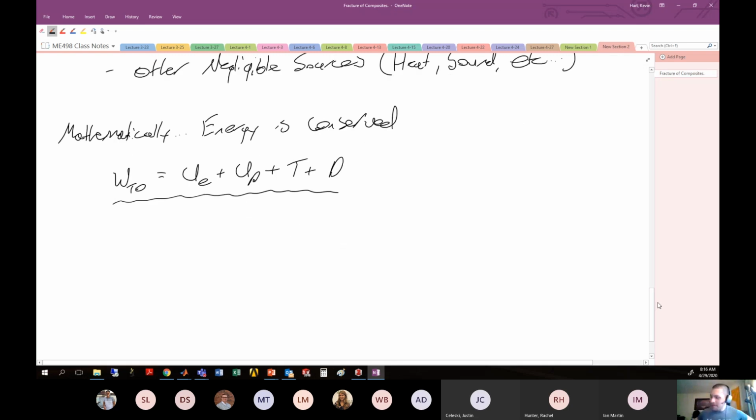So mathematically, energy is conserved. Energy of elasticity, of plasticity, kinetic energy, fracture energy, all has to be balanced out by whatever work we put onto the system in the first place. That's the idea here. So when we're working with composite materials, we're going to assume that there's no motion. So let's get rid of that term straight away with our analysis.